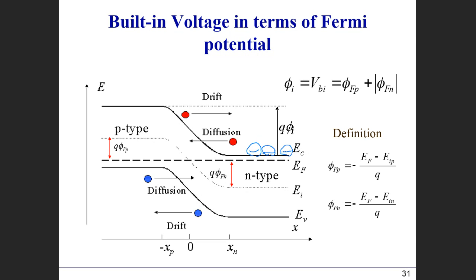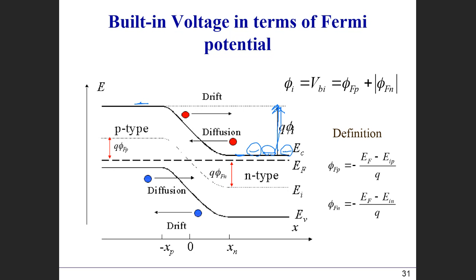So naturally, as I mentioned, the electrons in the N side try to diffuse to the P side. Okay. But in this particular energy band diagram, as you can see, there is a so-called energy barrier between the N side and the P side.